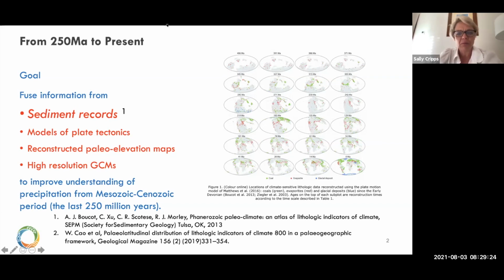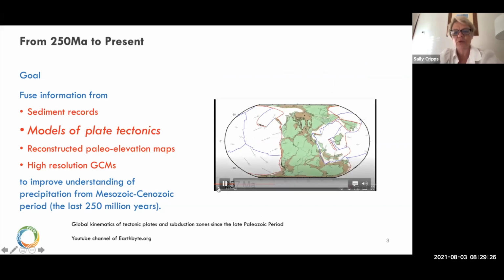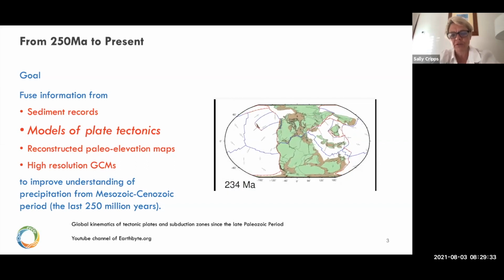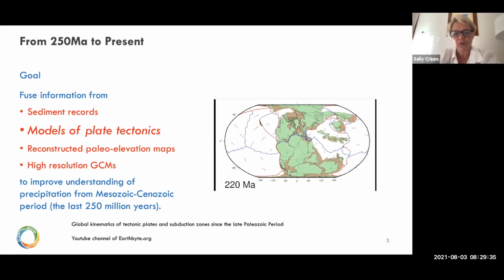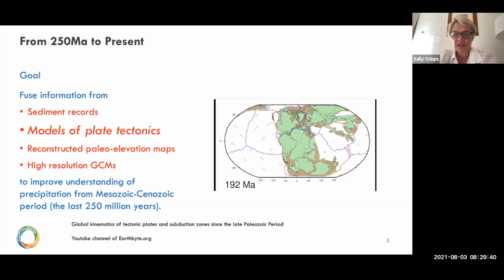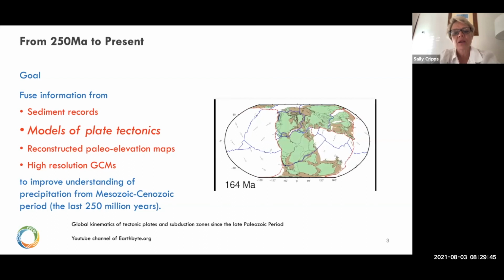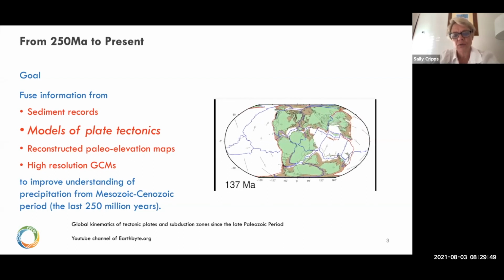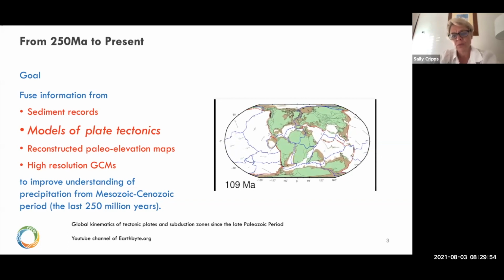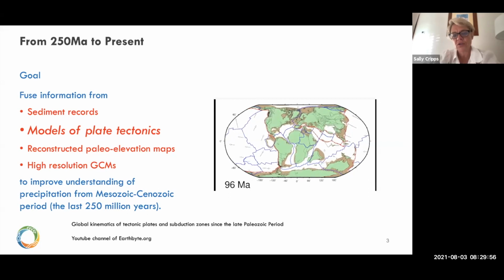The second piece of information is models for plate tectonics. What you'll see playing for you is the evolution of the continents, breaking up from a supercontinent into what we know today. The reason that we need this information is that obviously rainfall or precipitation is related to the proximity of a given latitude and longitude to the coastline, and also whether that proximity is closer to the east coast of a land.